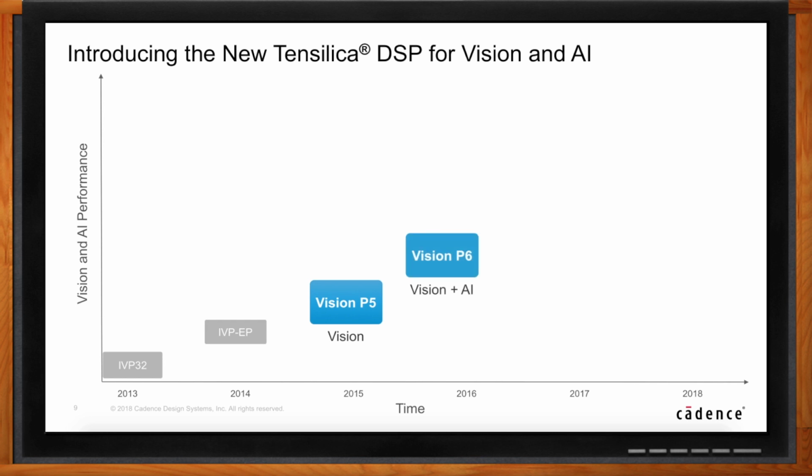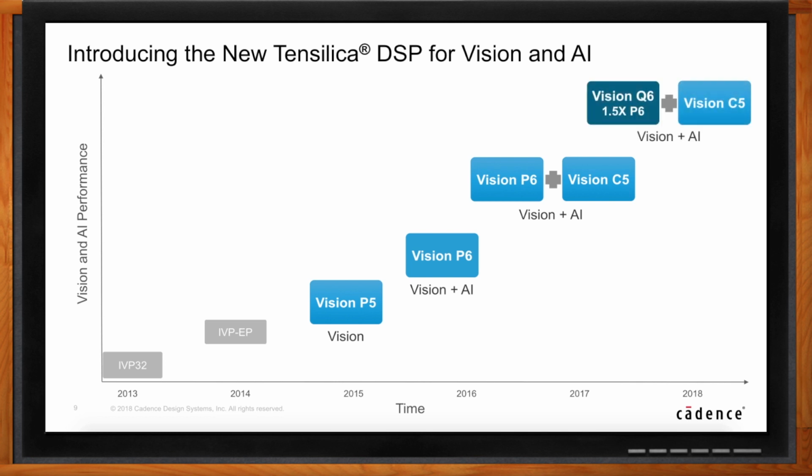In 2016 we introduced Vision P6, a Vision and AI DSP. In 2017 we introduced Vision C5, an AI-specific DSP, and today we are introducing Vision Q6, which is a follow-on to the Vision P6 DSP, and that's why it's called a Vision plus AI DSP.